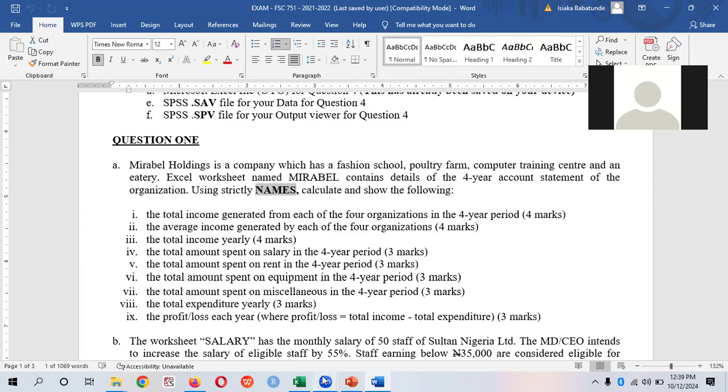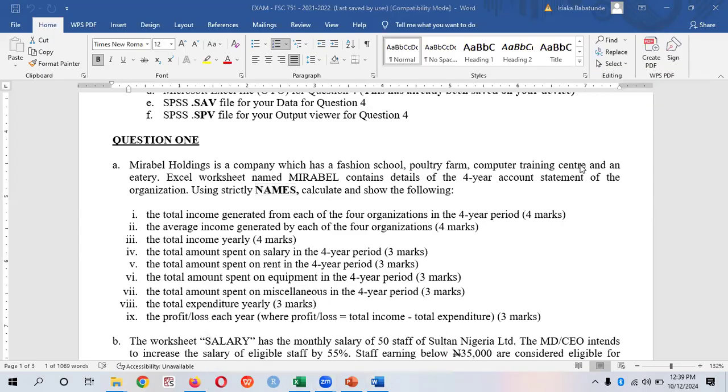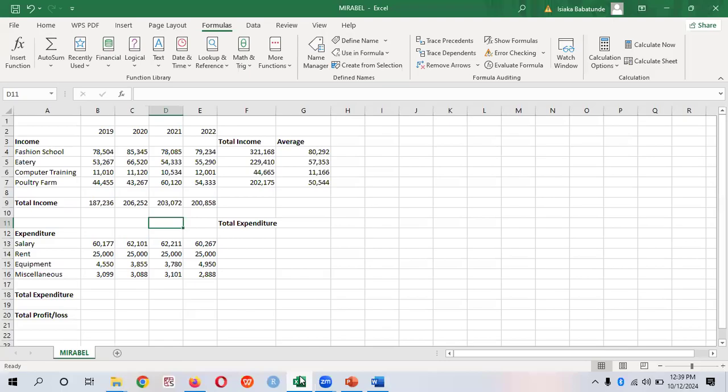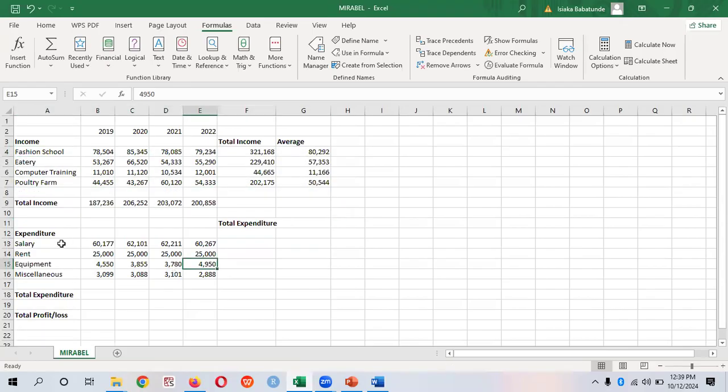Now, we are done with the first section of the Excel data set. We're now going to the second section. This is the second section. If you note, you will see that the first section is based on the income, while the second section is based on the expenditure, what the company spent.